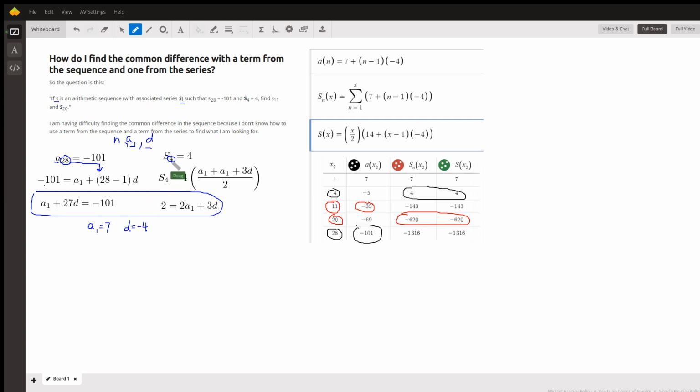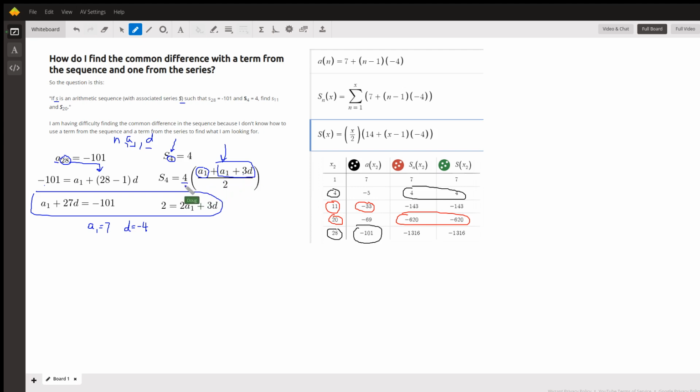And over here, this is for the sum of the first 4 terms of the sequence. So S sub 4 equals the number of terms, which is 4, times the average of the first and the last. So here's the first term, and here's the last term. We start at the first term again and add on n minus 1 differences.